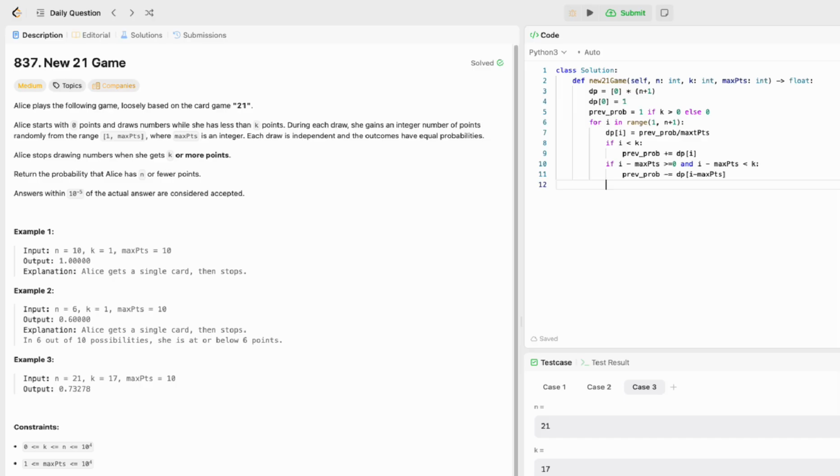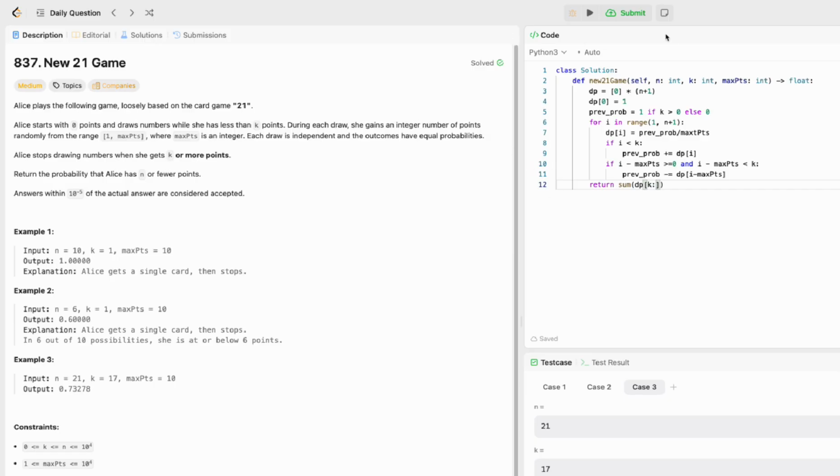Okay, so in here, because we just cared about the p of the number i greater than k and smaller or equal than n, right? So that is the summation of the probability from k, right?